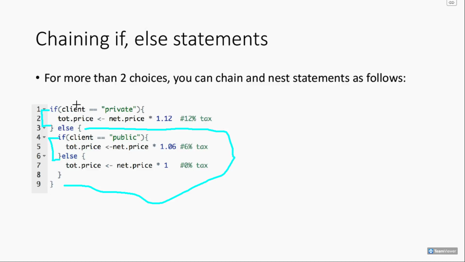So essentially what we are saying is, if the client value is equal to private, and you might have noticed there is a double equal sign here. In R, it's a comparison operator. If you want to check the value of a string, you have to provide not just one equals sign.